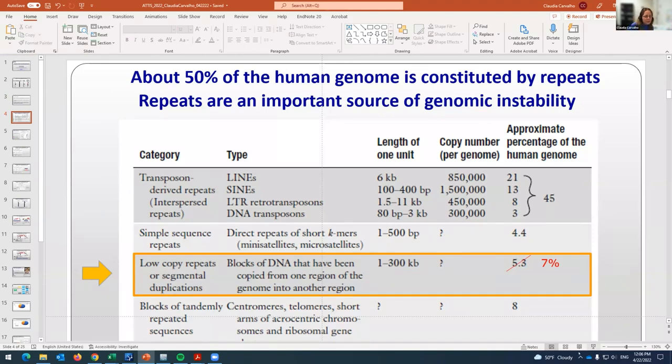Segmental duplications can vary in size from about 1 to 300 kb. They affect all the different chromosomes, with some chromosomes having more segmental duplications than others. And the recent T2T reference indicated that segmental duplications constitute about 7% of the human genome.